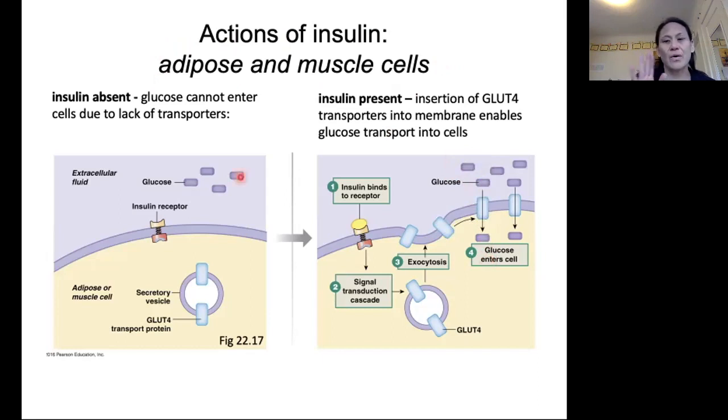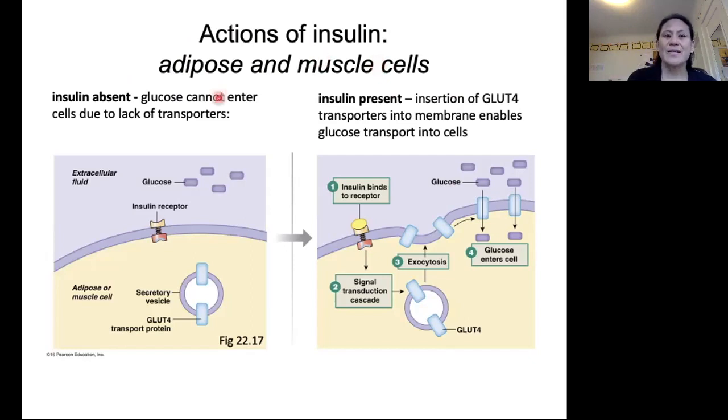Now I just want to quickly comment on why these particular cell types are insulin dependent. You might remember that these two cell types, along with the liver cells, are the ones where we are going to be storing our energy in the form of glycogen or fat. Okay.